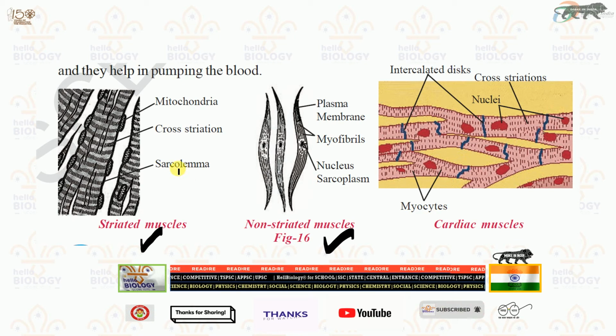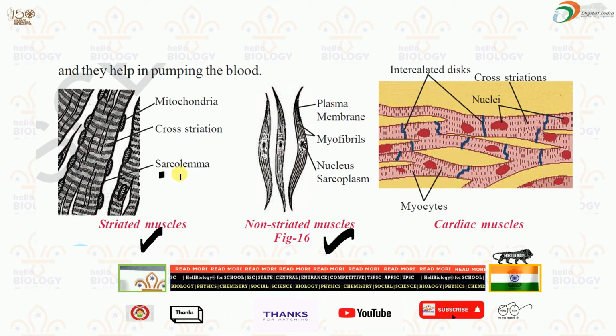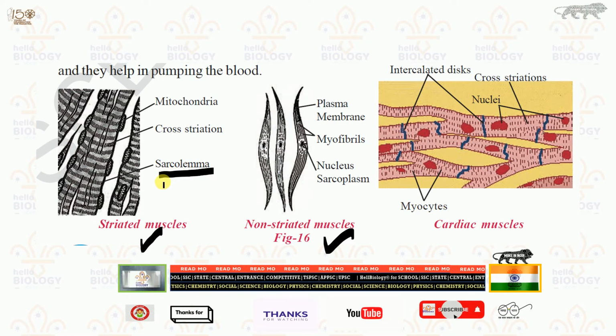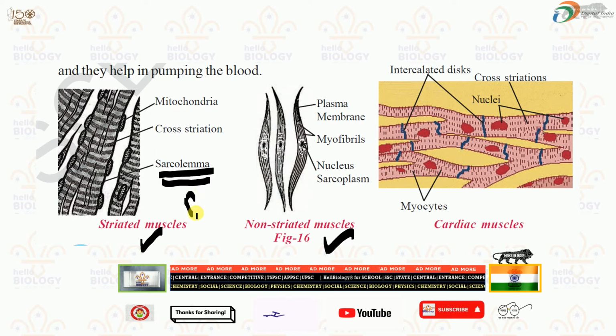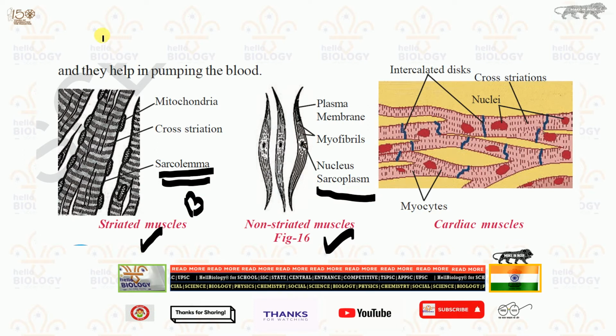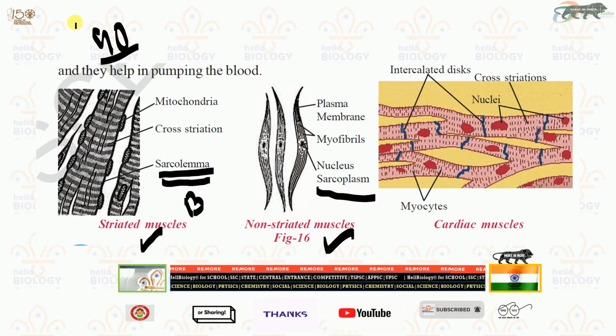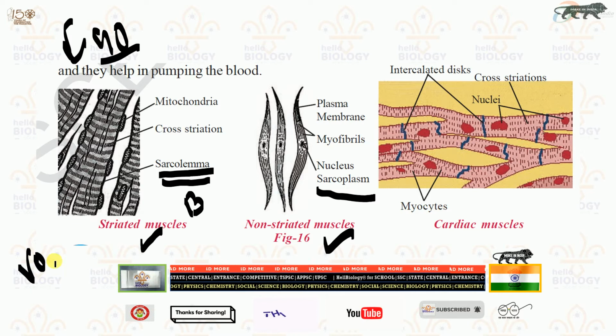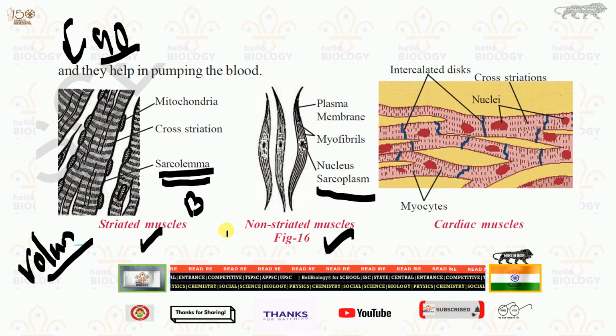Striated muscular tissue consists of a bigger nucleus and a type of cells called sarcolemma. The cell has a bigger nucleus than in non-striated muscular tissue. Nearly 40% of our body is filled by striated muscular tissue, and these help in voluntary action, that means the work we are able to do in day-to-day life.